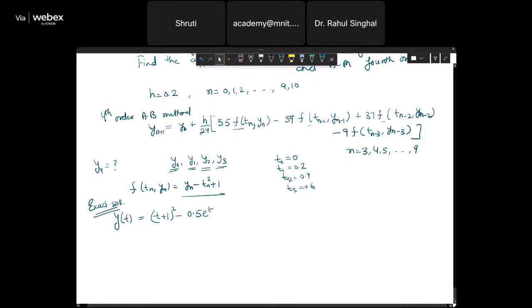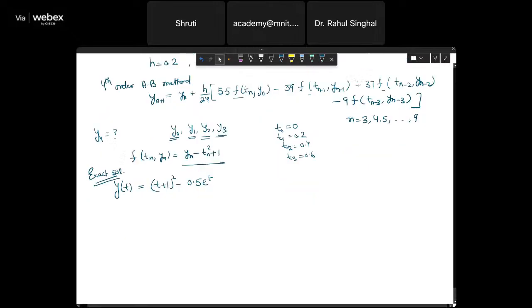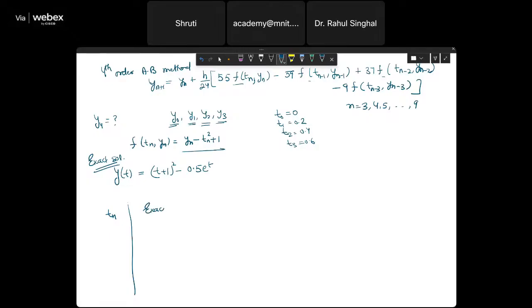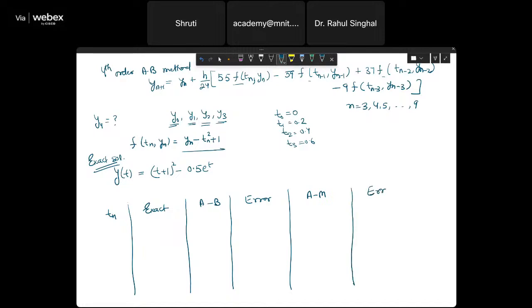Then we calculate the approximate values, and if I make a table for it, it comes out like this: the tn's, then the exact value, then the values we obtain with the Adams-Bashforth method, and then the error, which we calculate by taking the difference. The same problem we will evaluate with the Adams-Moulton method, following similar steps as mentioned for Adams-Bashforth, and we will calculate the error. Here, initially the values will be calculated up to 0.4.